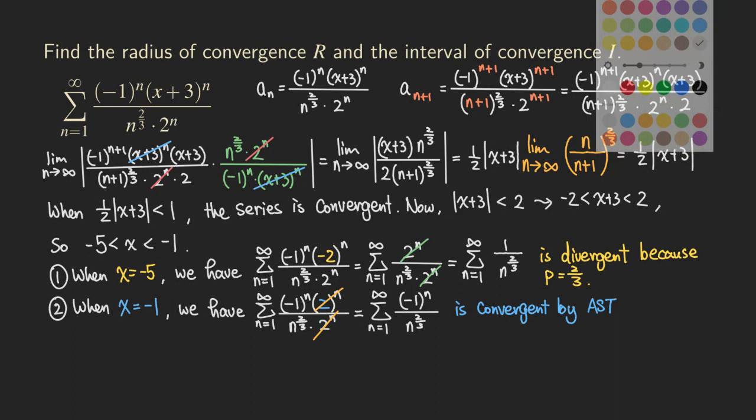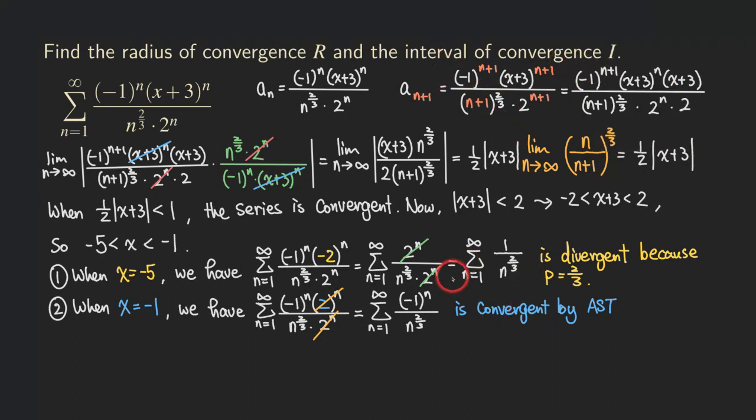And so now we can actually write down our interval of convergence here. We already obtained the interval, and we're checking the endpoints by doing all this work. So the interval of convergence is now, because when x is equal to -5 the series is divergent, we are not including the -5.